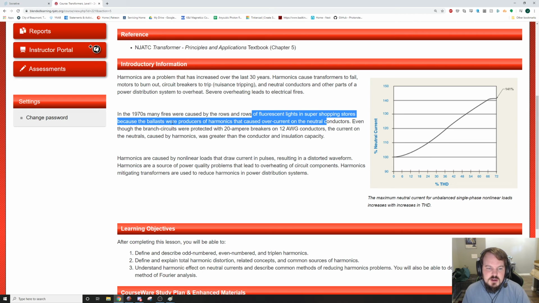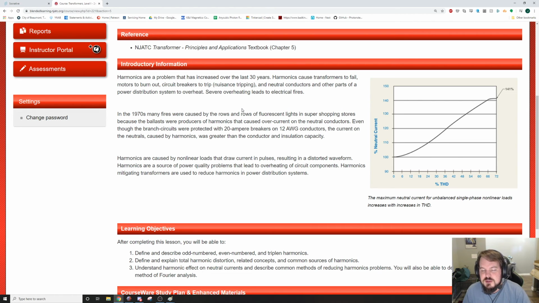Like it says here, the ballast for fluorescent lights produces harmonics, and sharing neutrals. What harmonics do, in a lighting circuit, if you're sharing a neutral, is cause the neutral to... Let me back up. In the case where you're sharing a neutral, normally the amperage on the two hots would cancel out on the neutral, and the neutral will actually be carrying just a little bit of amperage.